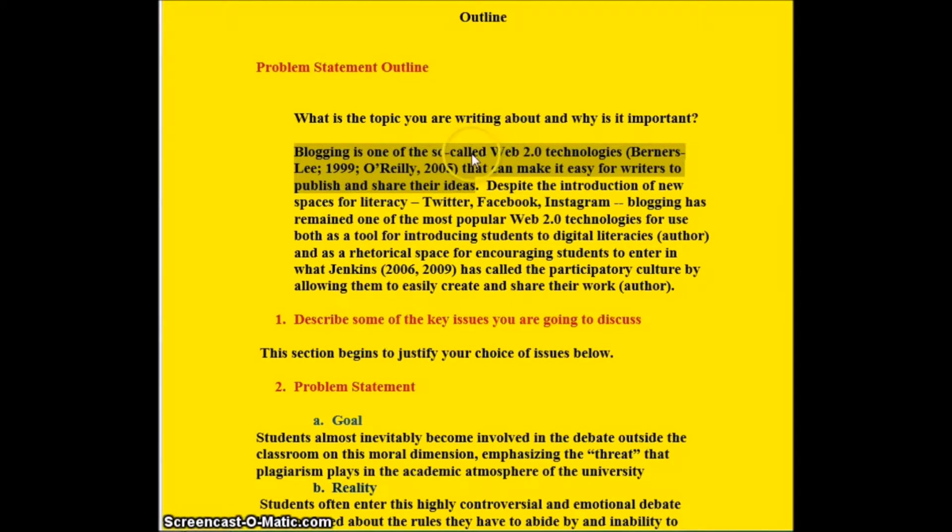Now, notice one thing too. Remember, part of your assignment is to use at least 5 citations. In the introduction, you can use citations simply to show who's talked about this topic. So I have 2 major figures who've discussed blogging as one of the Web 2.0 technologies, or who've explained what Web 2.0 technologies mean.